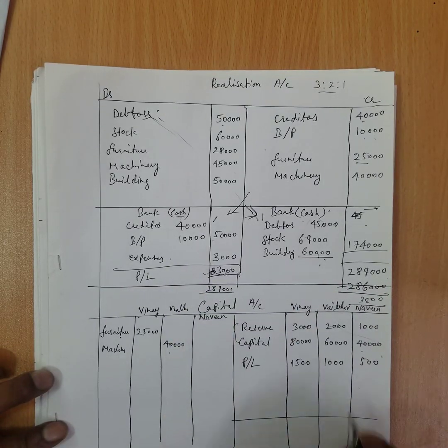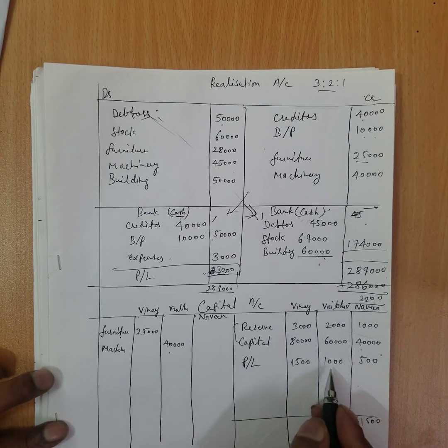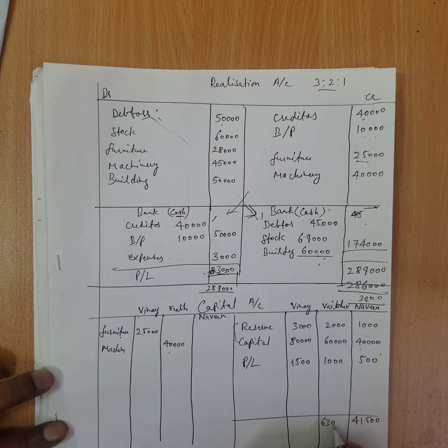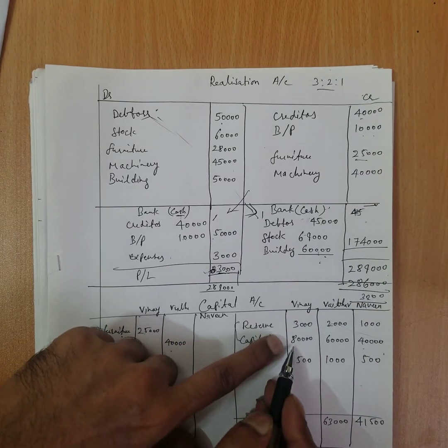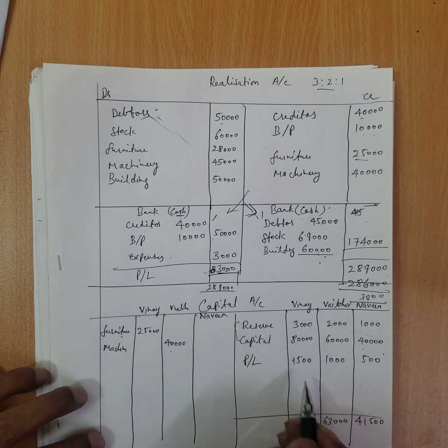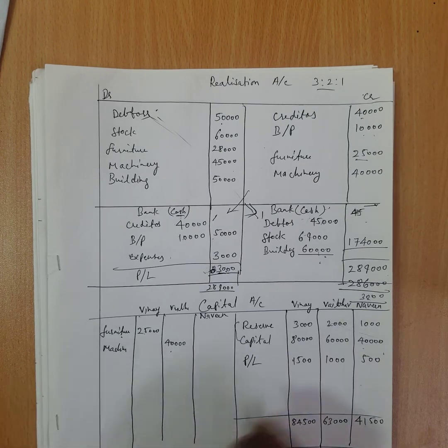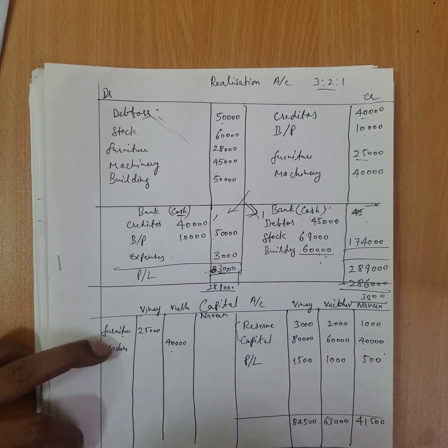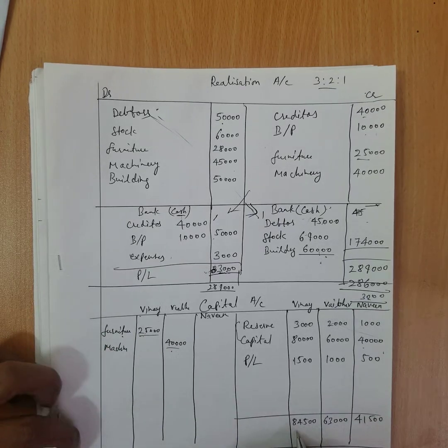Now if you add up all this amount, we'll get it. Naveen's amount is 41,500. His amount is 63,000. 12,500. His amount is 80,000, 84,500. So we have to deduct this now. He has taken 25,000 as furniture. We'll deduct that.